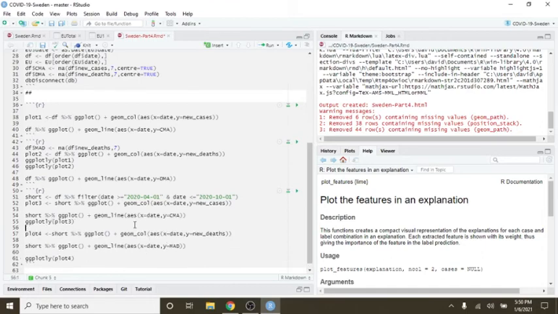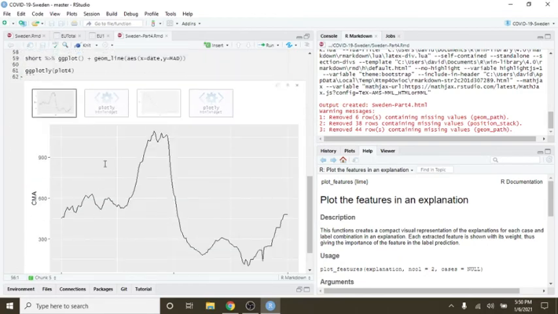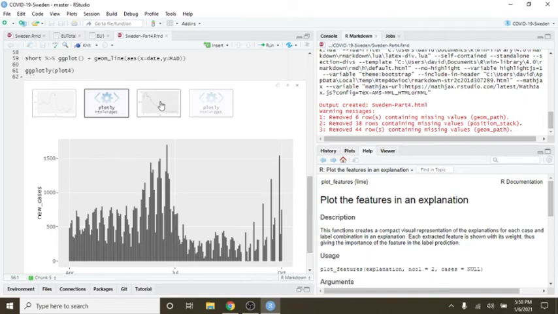Let's just fix that up. See how this looks now. Okay. So this is the daily. Well, this actually says smooth average. What's this say over here?